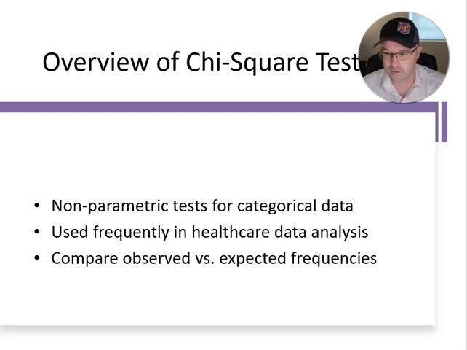Something's either on or it's off, or you get a positive or a negative. So those are the non-parametric tests, and we're going to look at them in health care data analysis and compare observed versus expected frequencies.